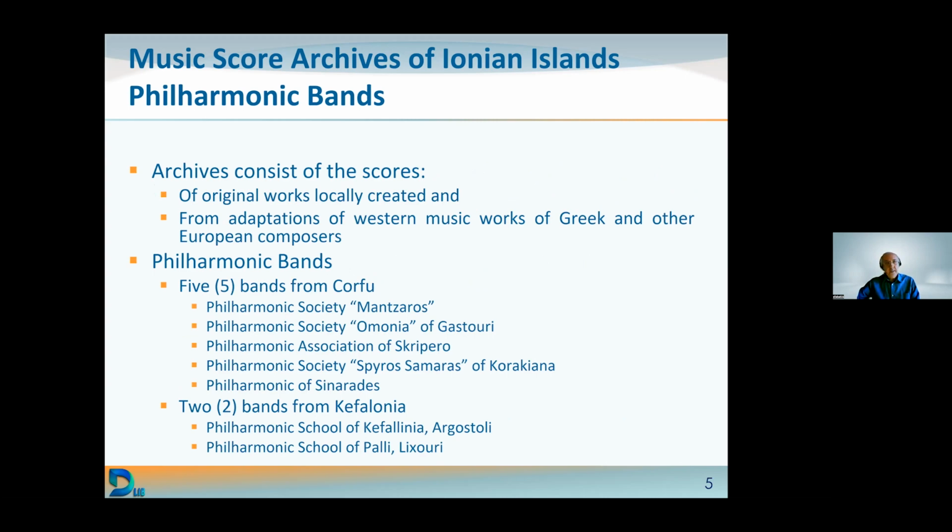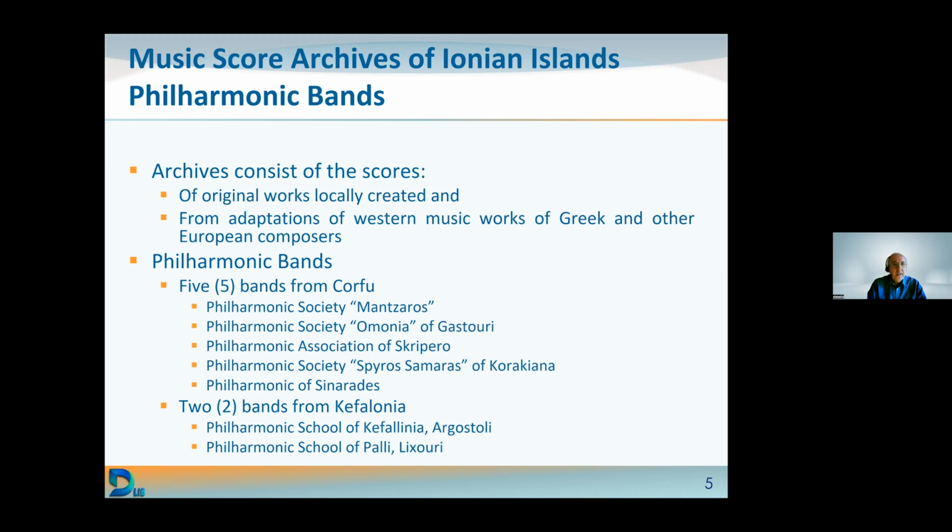The content of the archive is very interesting because it consists of music scores of original works locally created, as well as adaptations of Western music works of Greek and other European composers.